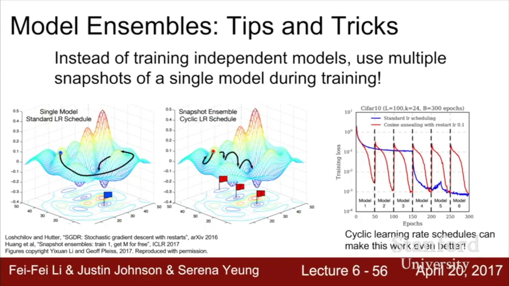The idea is that with this schedule, over the course of training, the model might converge to different regions in the objective landscape that are all reasonably good. If you then ensemble over these different snapshots, you can improve your performance quite nicely, even though you're only training the model once. Questions?